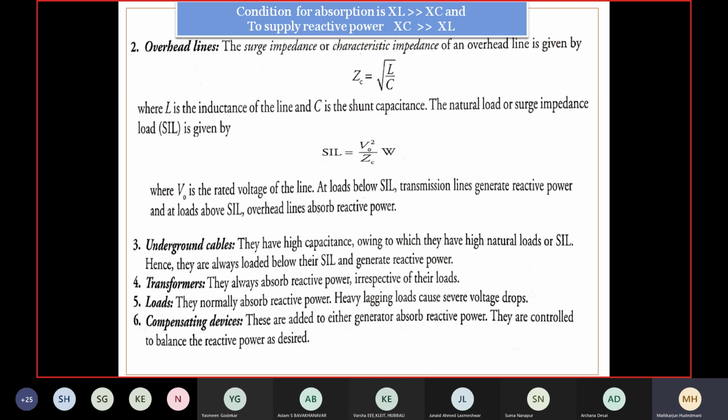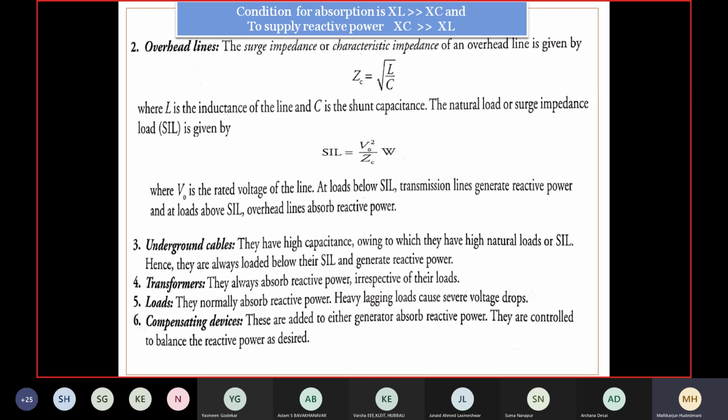Therefore, the capacitance and inductance model of the line matter, and so does the kind of load this highly inductive line is delivering power to. On that basis, the overhead transmission line becomes a competent absorber of reactive power whenever it finds its inductive reactance dominating over its own capacitive reactance.